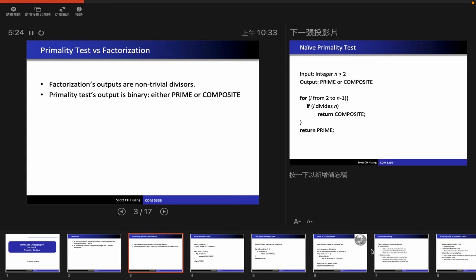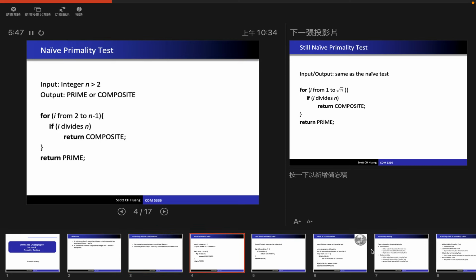To disprove primality, one case that violates it is enough. If you have a factorization, then it is not prime. So compositeness is a lot easier, and all these algorithms are actually compositeness tests.